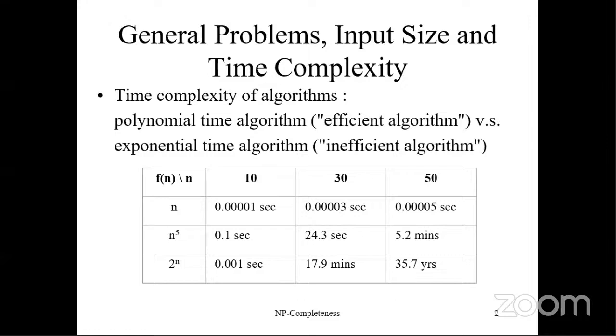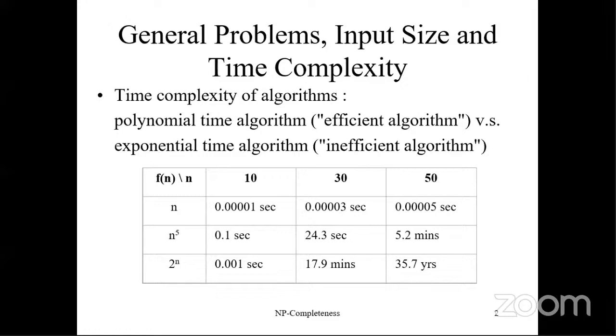Therefore, there are two considerations from the time complexity. The first consideration leads to an efficient algorithm, while the second leads to an exponential time algorithm, which gives you an inefficient algorithm.